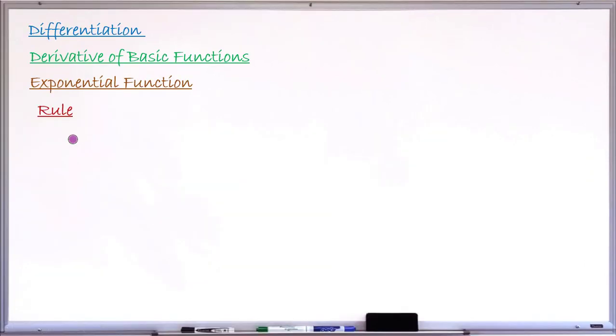To begin the lesson, let me just introduce you to the rule. The rule will guide you on what to do in attempting to find the derivative of an exponential function.